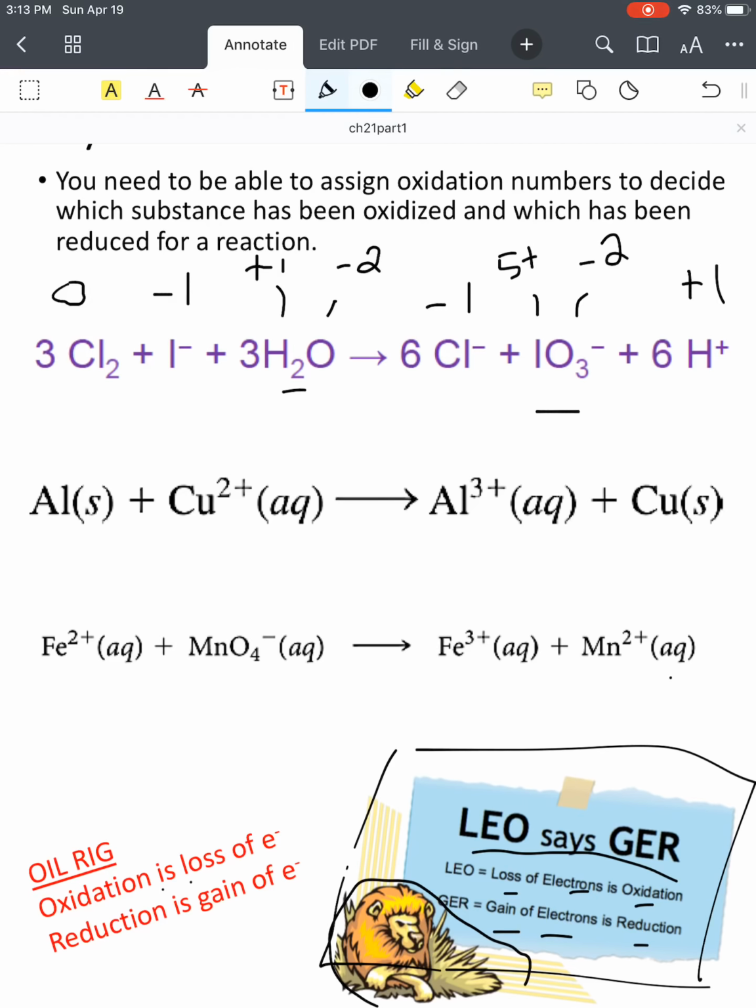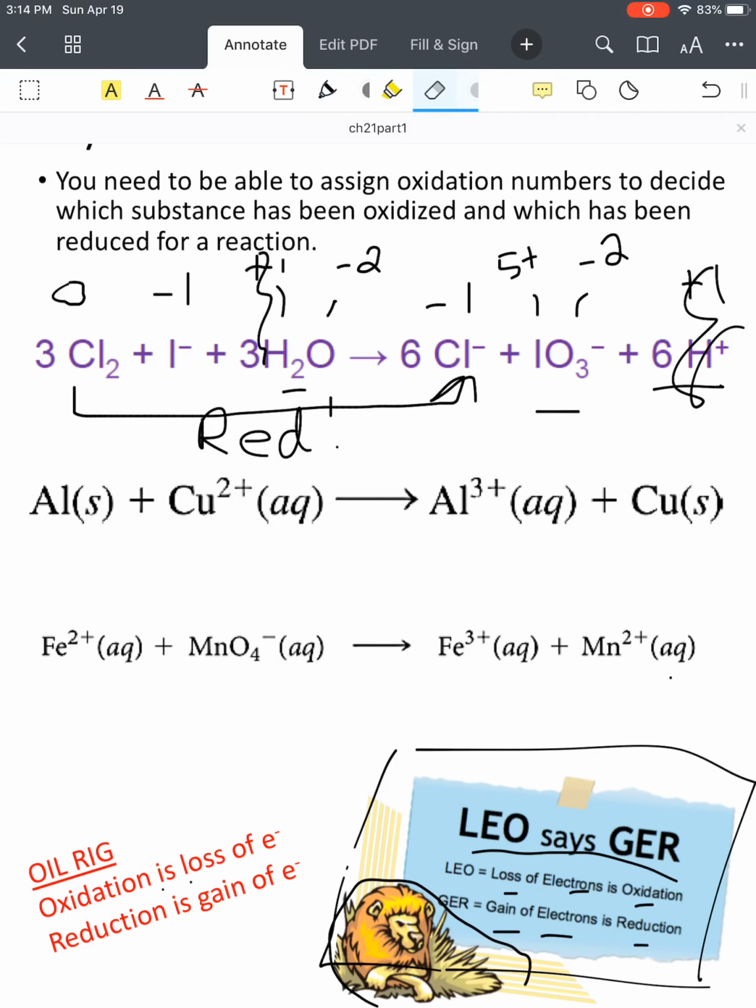So what's been oxidized? What's been reduced? Well, our chlorine goes from 0 to -1. Looks like that's been reduced. What else do we have? Well, H plus is +1 over here. It's +1 over here. That didn't do anything, right? Anything else? Oh, wow. Look at the iodine.